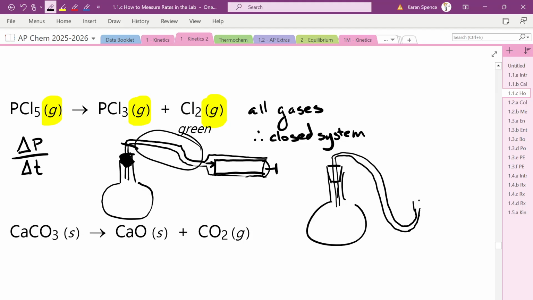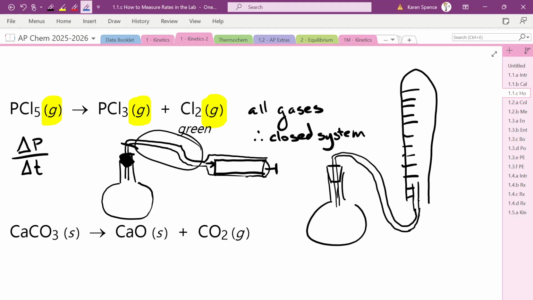And this would then go into our gas collection tube, which shouldn't be that big, but I can't draw it. So there's our gas collection tube, and this feeds up into there. And this is filled with water.